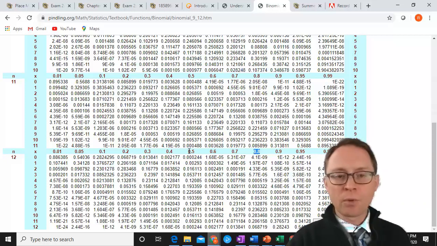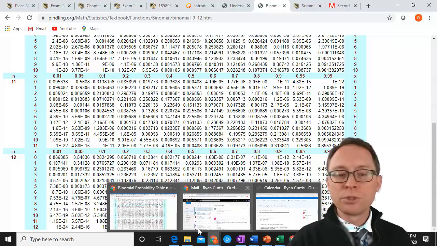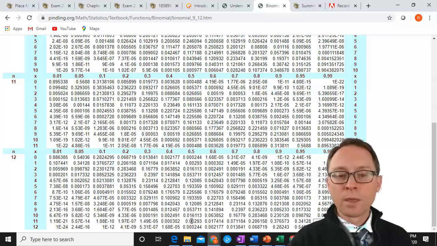So to calculate power, first of all, if this is a one-tailed test, then I've got to start at the tail, and my alpha is still 0.05, so I've got to add up the tail, just like we've done in the past. So I'm starting with 12 out of 12 people falling in love. The probability of that happening is 0.000244.